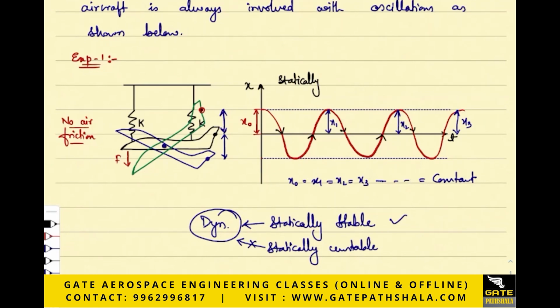It has the tendency to go back to the equilibrium position. That was this position. Now you write: statically stable and dynamically neutral system.